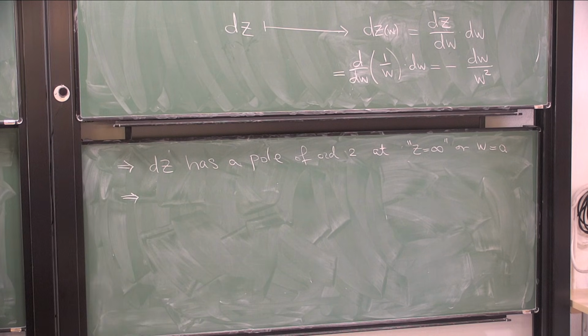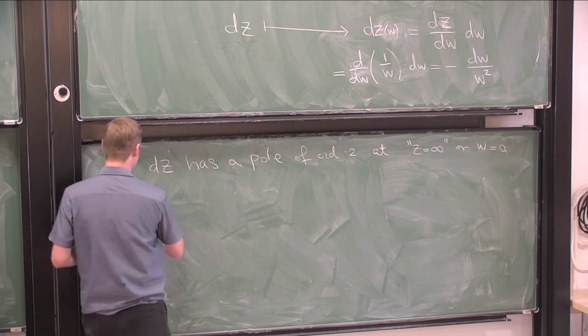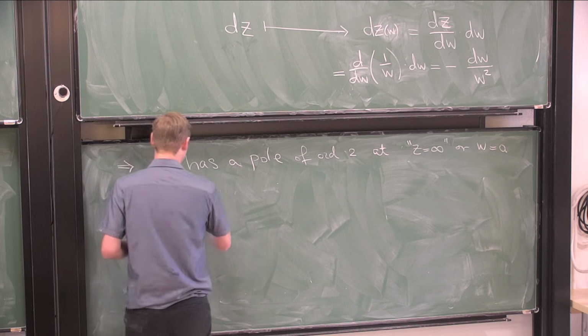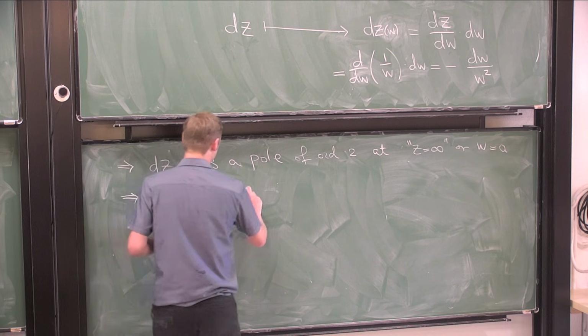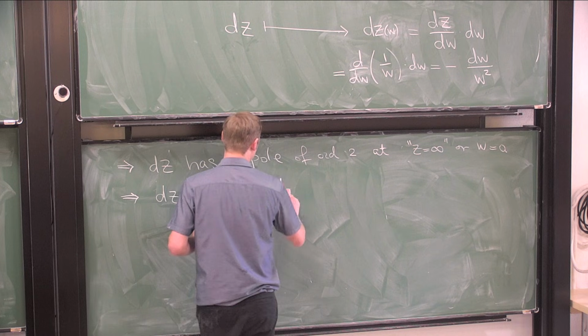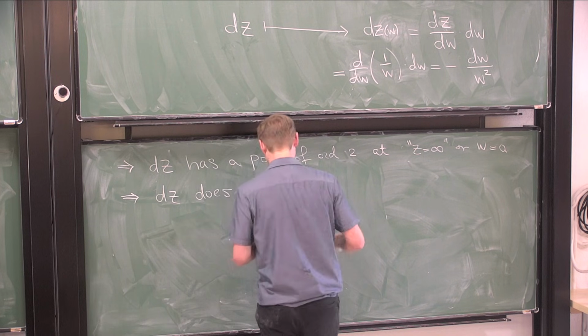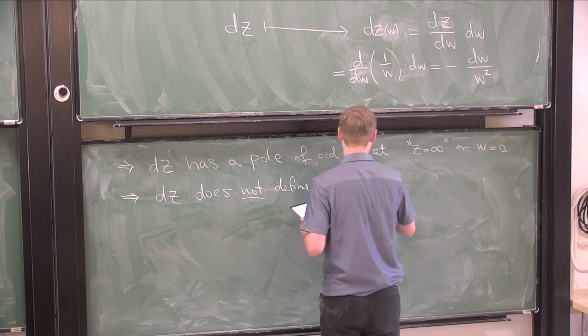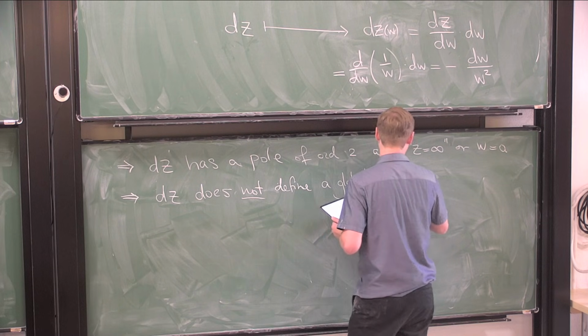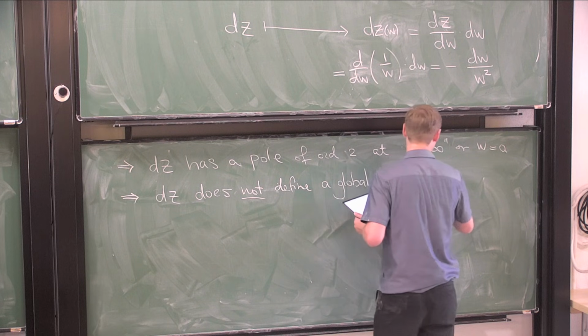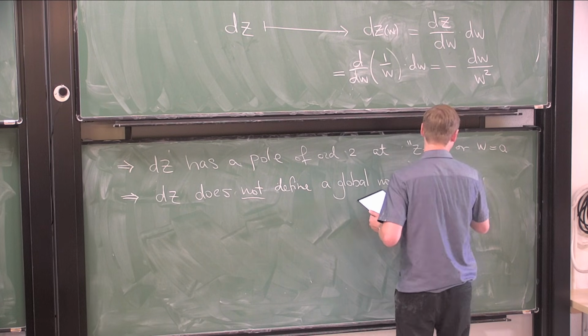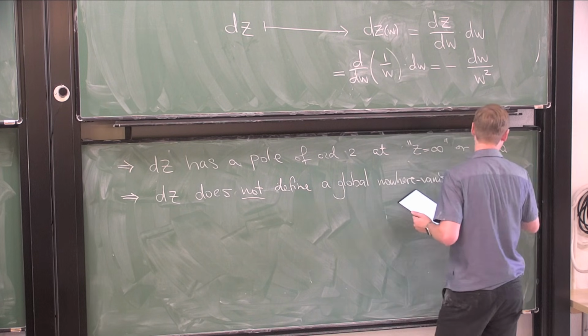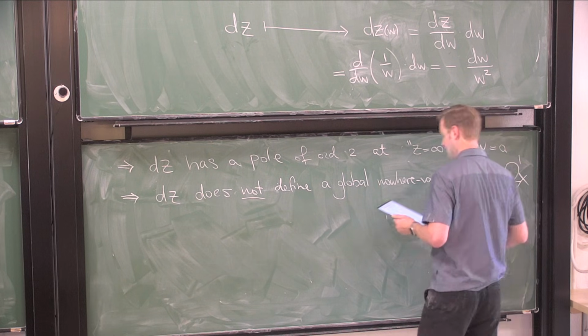The conclusion we can draw is that dz does not define a global nowhere vanishing section of omega 1.